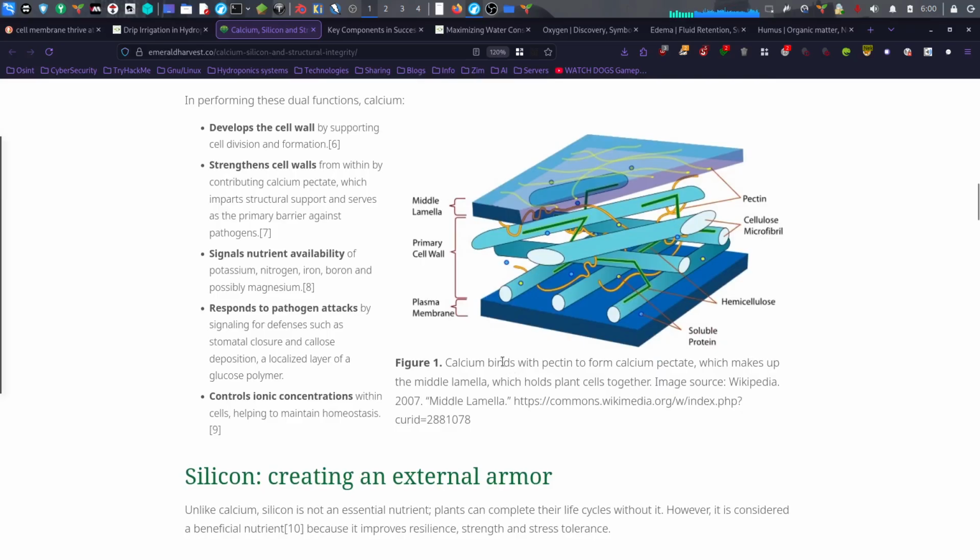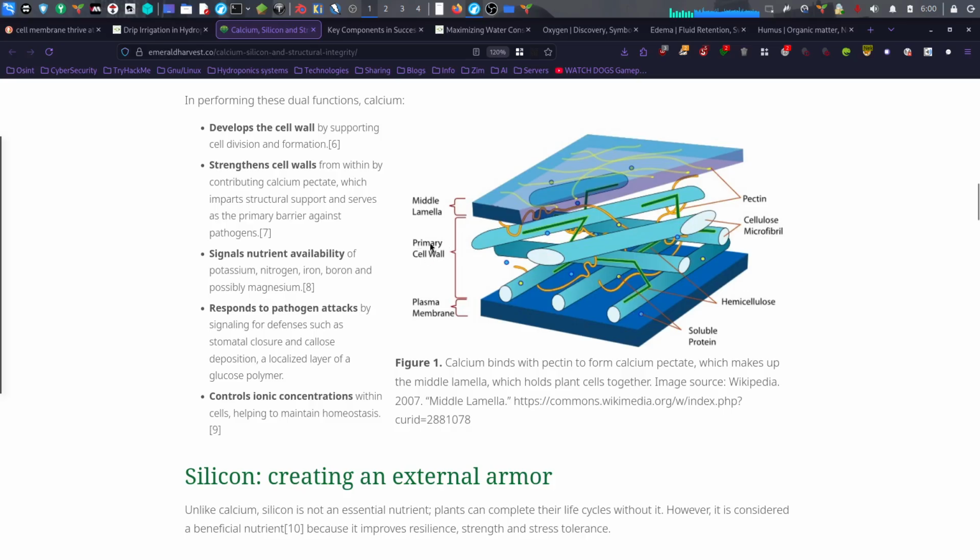Figure 1. Calcium binds with pectin to form calcium pectate, which makes up the middle lamella, which holds plant cells together.